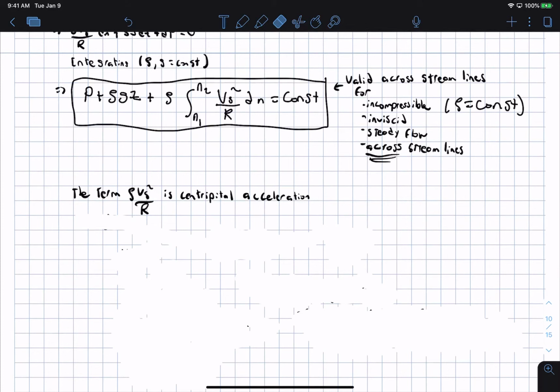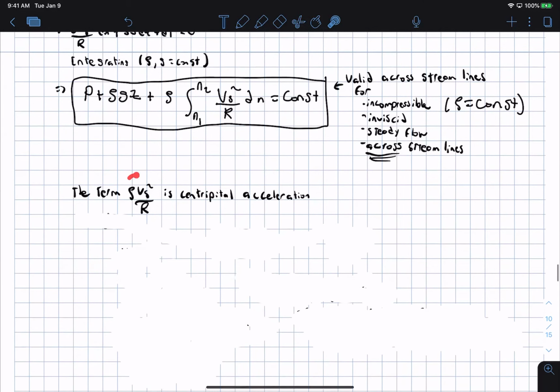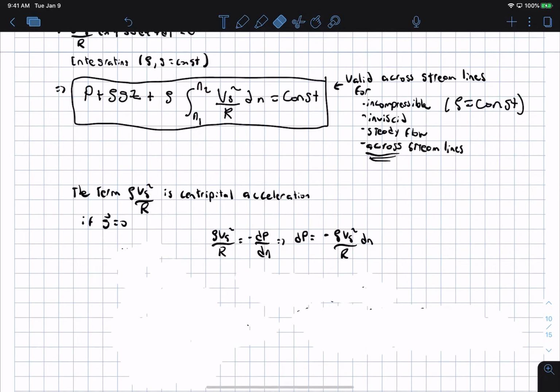And I will say that this term here is really the centripetal acceleration. And so if the gravity is equal to 0, from our master equation here, we have that rho Vs squared over r equals minus dp dn. I'm going to multiply both sides by dn, and then I have dp is equal to minus rho v squared over r times dn.